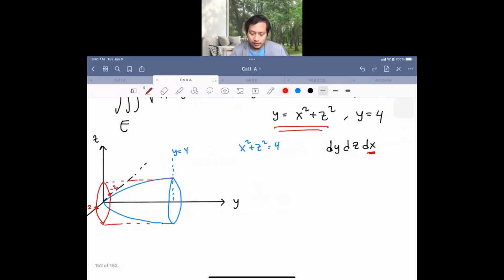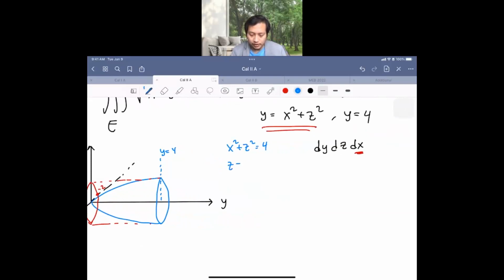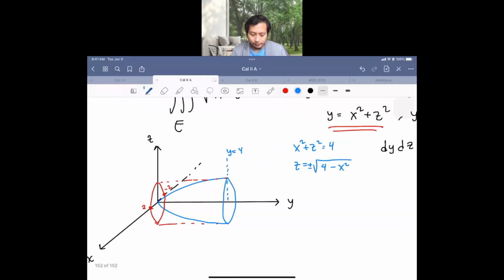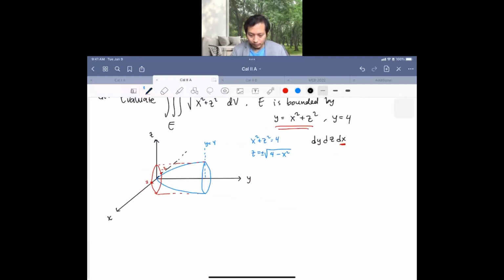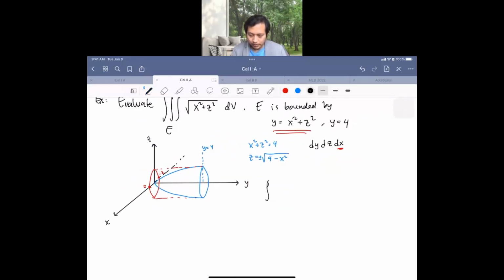And how about the z? z itself we can write as square root of 4 minus x squared, but it's plus or minus. So we could have the positive one and the negative one. So we could write the triple integral as dy dz dx.